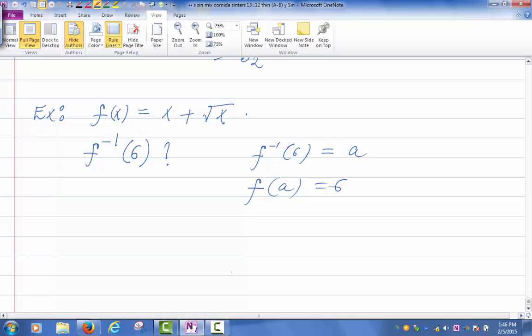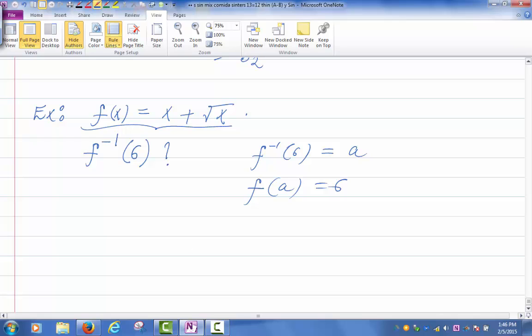So in order to find f inverse of 6, I basically have to find a number a such that f of a is 6. Which means I have to find a value of x for which f of x is 6, right?